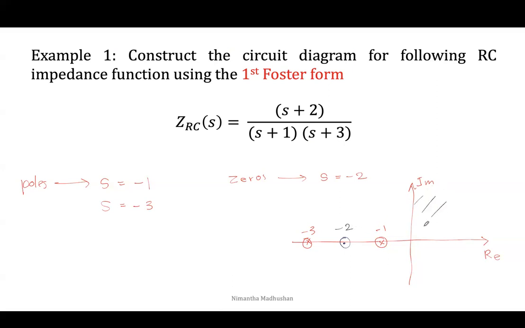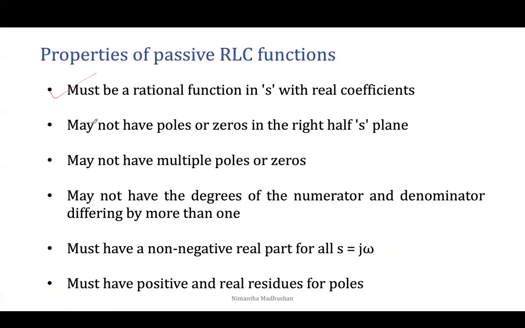This is the right half plane. According to the plot, there are no poles or zeros in the right half plane. Then the second condition is satisfied.